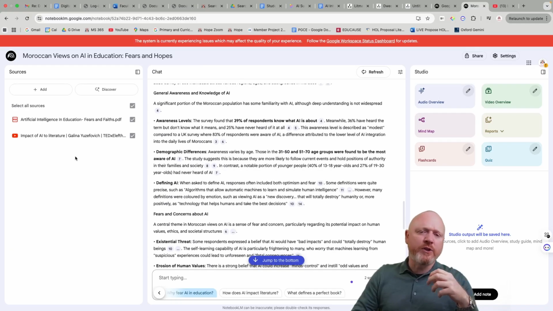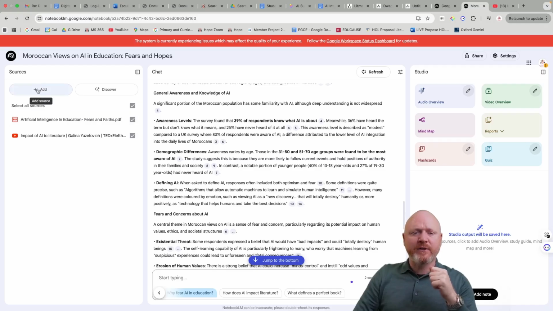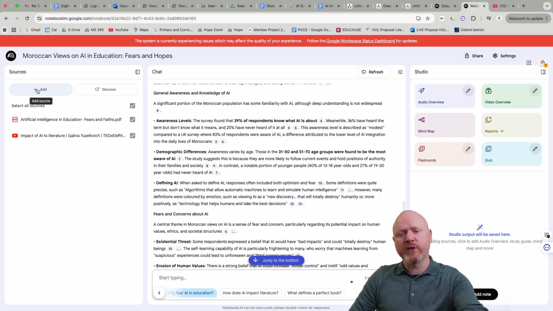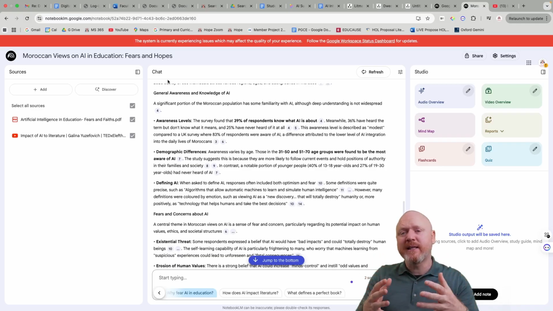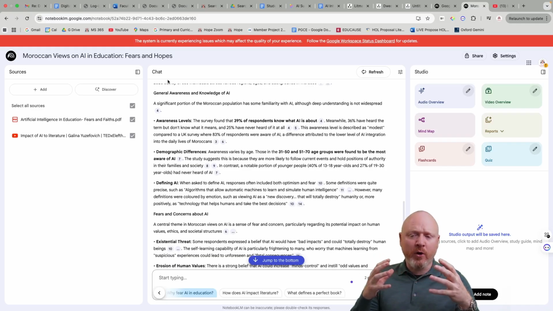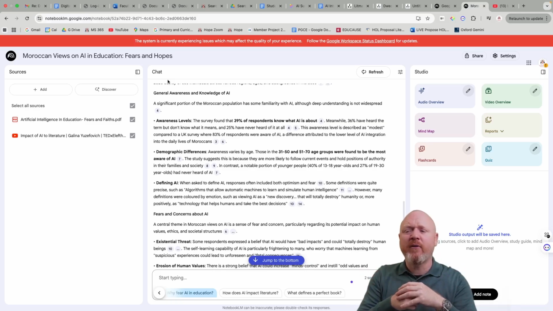So how I would suggest using this is, when you get your reading list, download your reading list as PDFs, add it to Google Notebook LM over here in the sources, and then what you have got in the chat area is a tutor who you can interact with back and forward, ask some questions, find out more about what are the main key points in your area of study, which directions research is traveling in, who are the key thinkers in your particular area, etc., etc.